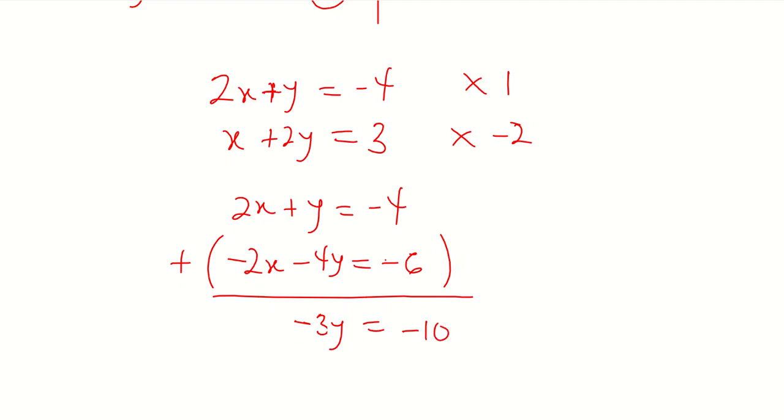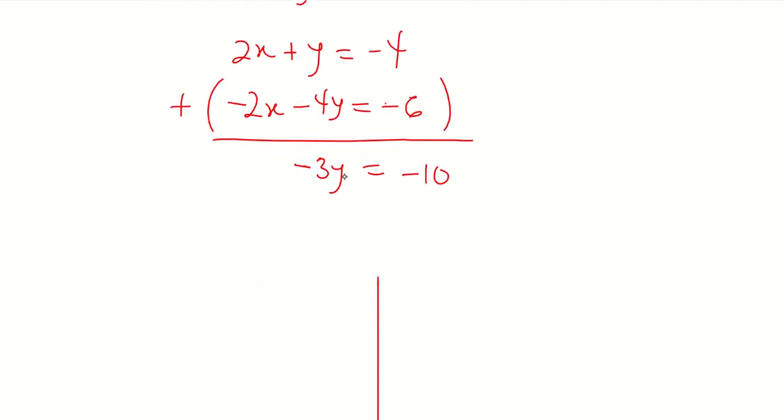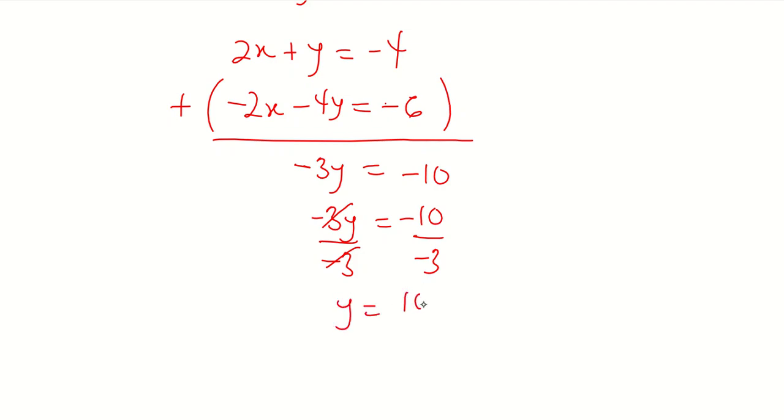So dividing both sides by the coefficient of y, we are going to get our y value to be equal to negative 10 divided by negative 3, and we have our y value to be equal to 10 out of 3.